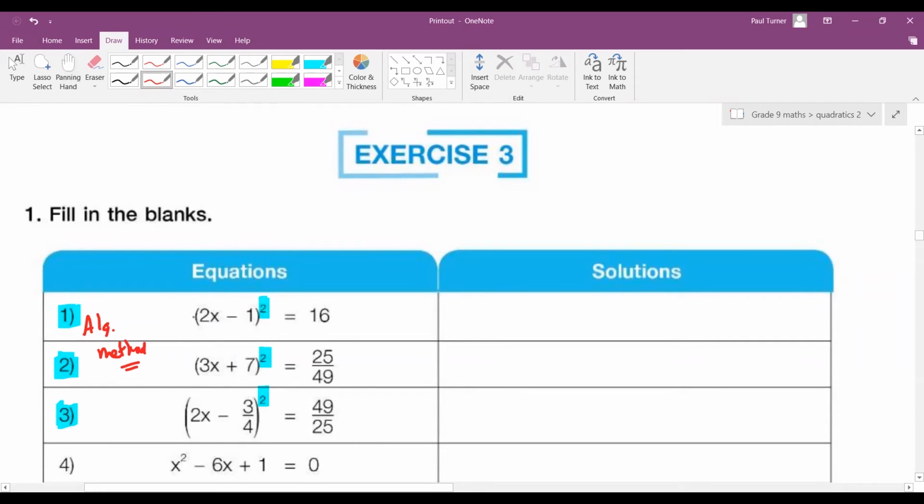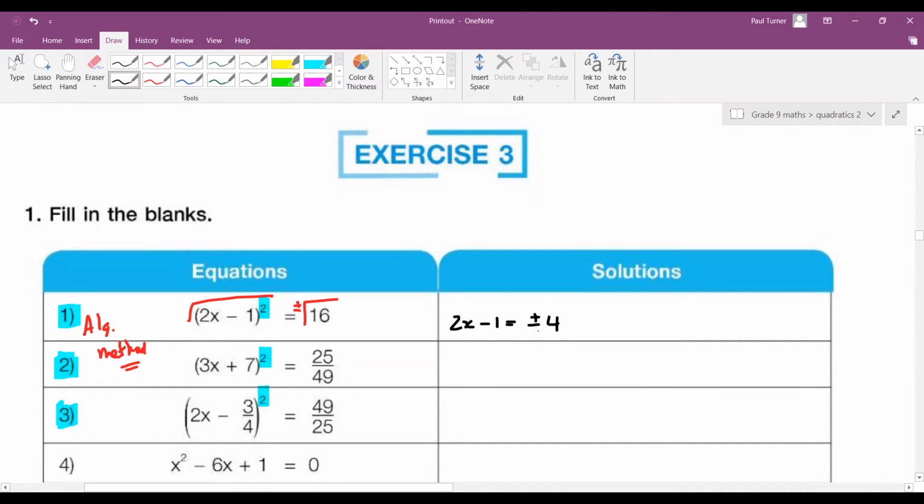So then take the square root of both sides. You can finish those 2 and 3 there. So take the square root of both sides. You'll get a plus or minus here. Don't forget that. So you're going to get 2x minus 1 equals plus or minus root 16, which is 4. Okay, like that.